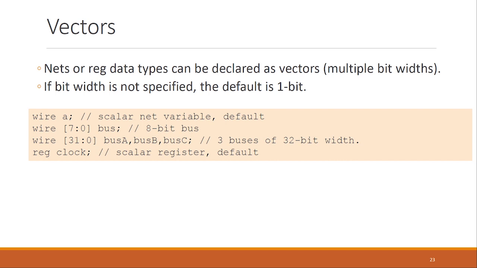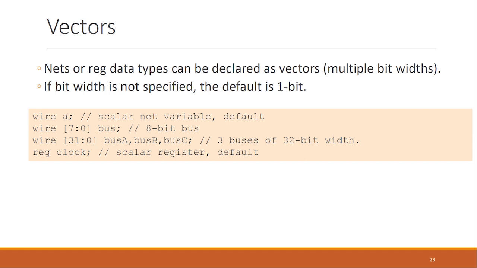a set of wires is called a bus. So another name that is used to call a set of wires is a bus. And if you want to declare an 8-bit bus, the syntax you need to use is given in the second example: wire [7:0] bus. So this will create a set of wires, like 8 wires.